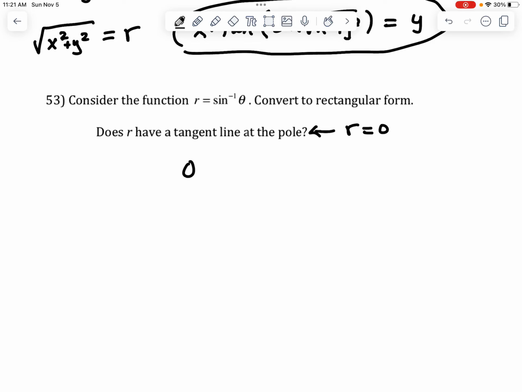So if you substitute that r is equal to 0, and then solve for theta, so take sine of both sides. So the left side is going to say sine of 0. And sine of 0 is equal to 0, so that means that theta equals 0. So does it have a tangent line when theta equals 0?